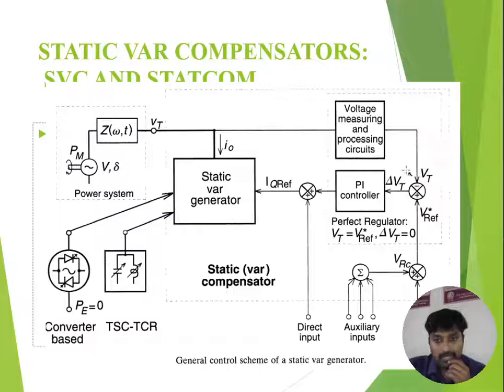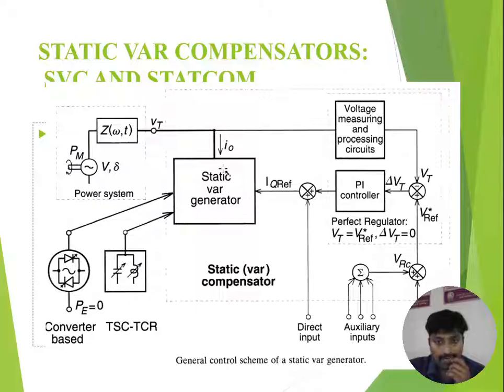The error is generated, that is delta VT, which is fed into the PI controller, converting to the equivalent current. Some direct inputs are also added. So the IQ reference is generated based on this error voltage.